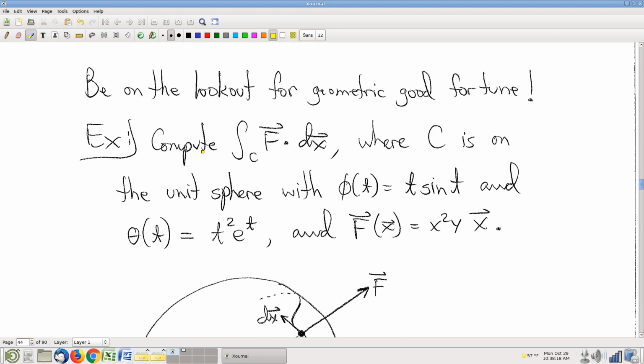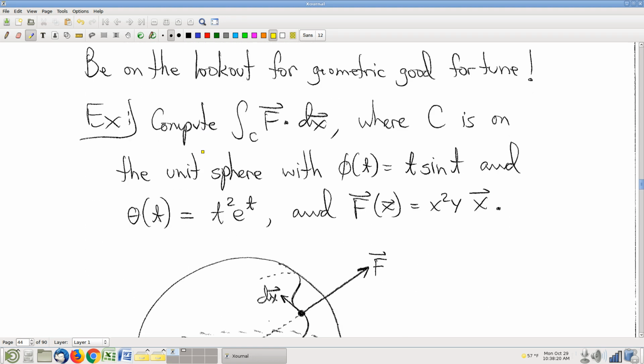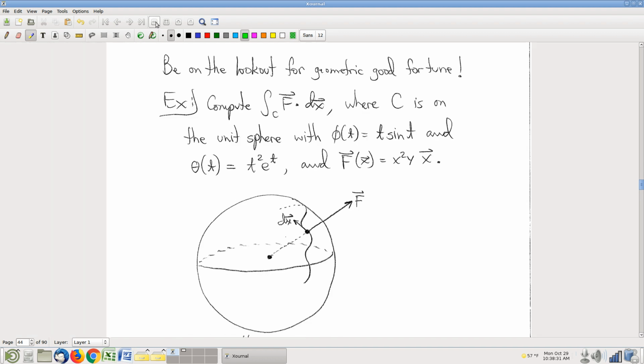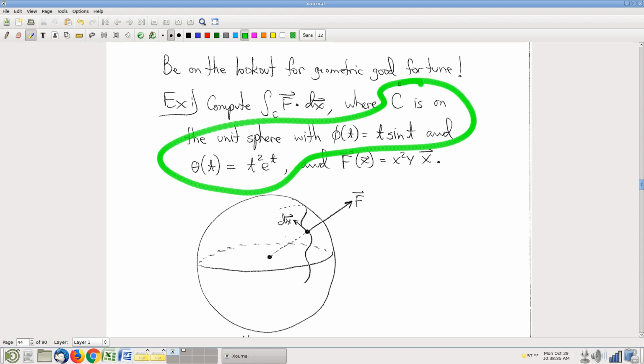Okay. So every so often you get lucky on computing these things. Suppose you want to compute this line integral. Here we've got a curve. Let me zoom out one notch here. This curve is described by these formulas for how phi and theta vary over time.